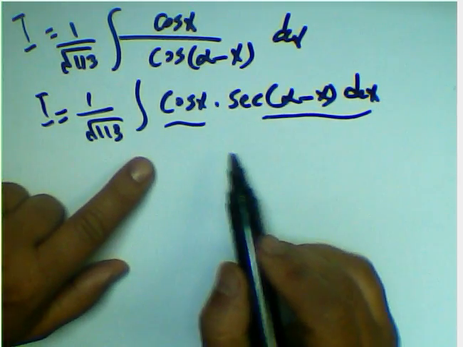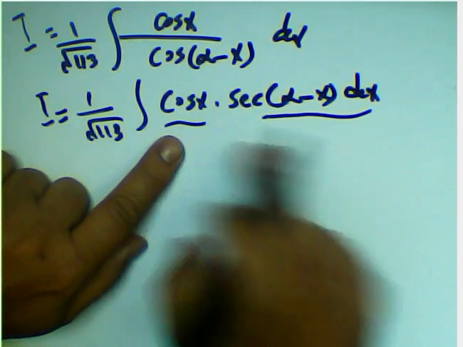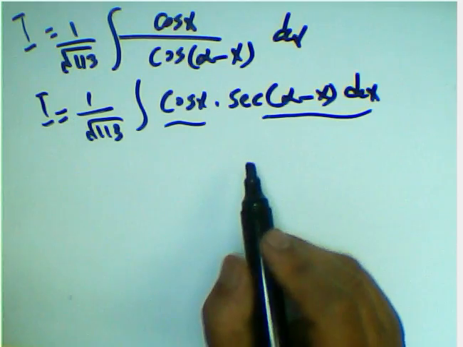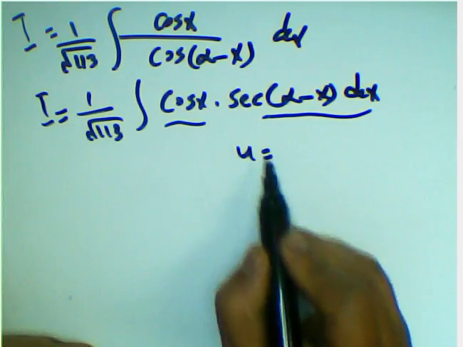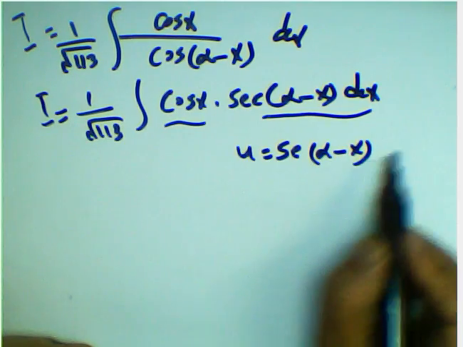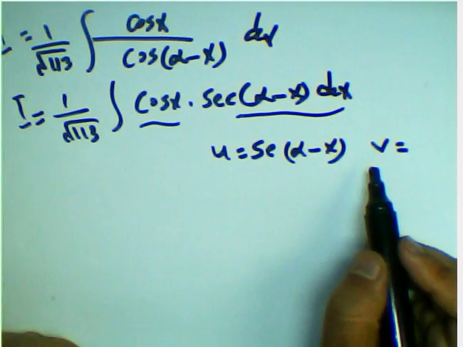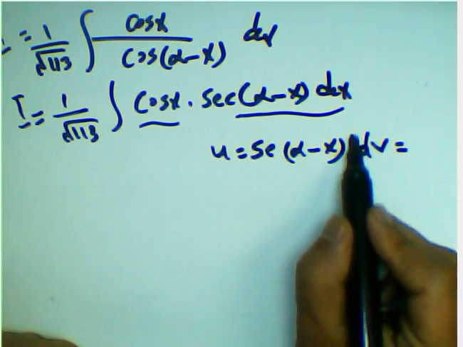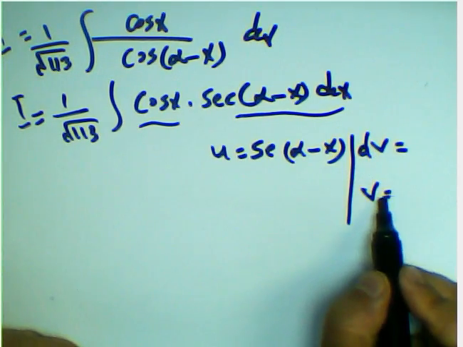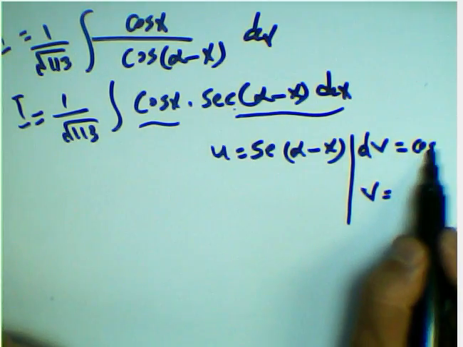Using this function, we can find the derivative or the integration. I will choose u equal to sec alpha minus x, and dv equal to cosine x dx.